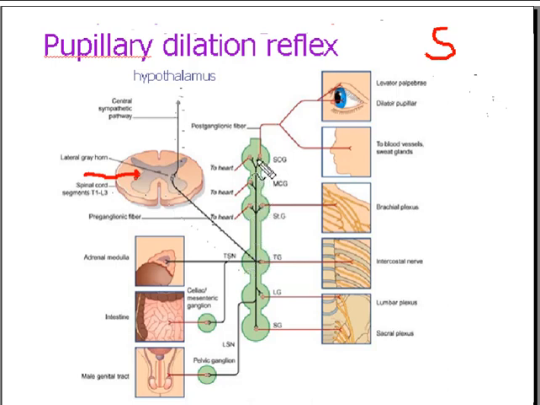Postganglionic fibers from the superior cervical ganglion. These which you are looking at, the brown, are postganglionic. These postganglionic fibers pass in a plexus along the internal carotid artery.